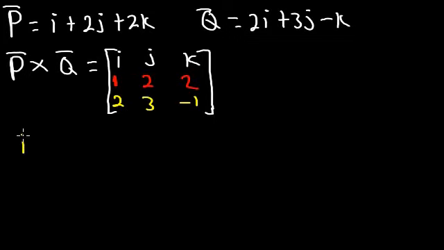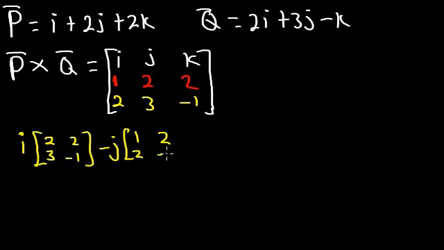So for i, we have its own 2 by 2 matrix to be full of 2, 2, 3, and negative 1. And for negative j, its own matrix is 1, 2, 2, negative 1. By now, you should be familiar with the way I'm selecting those elements.